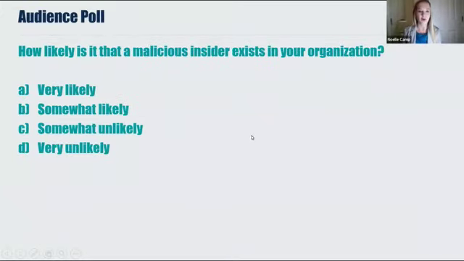One more poll before we dive in. Now, we've said that we think insider threat mitigation is a priority.